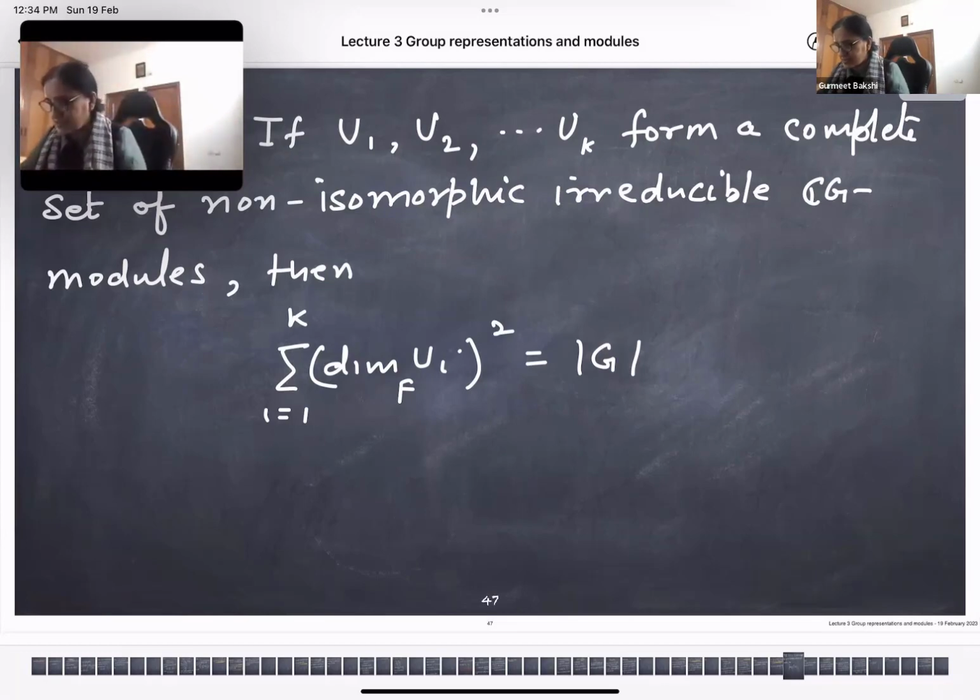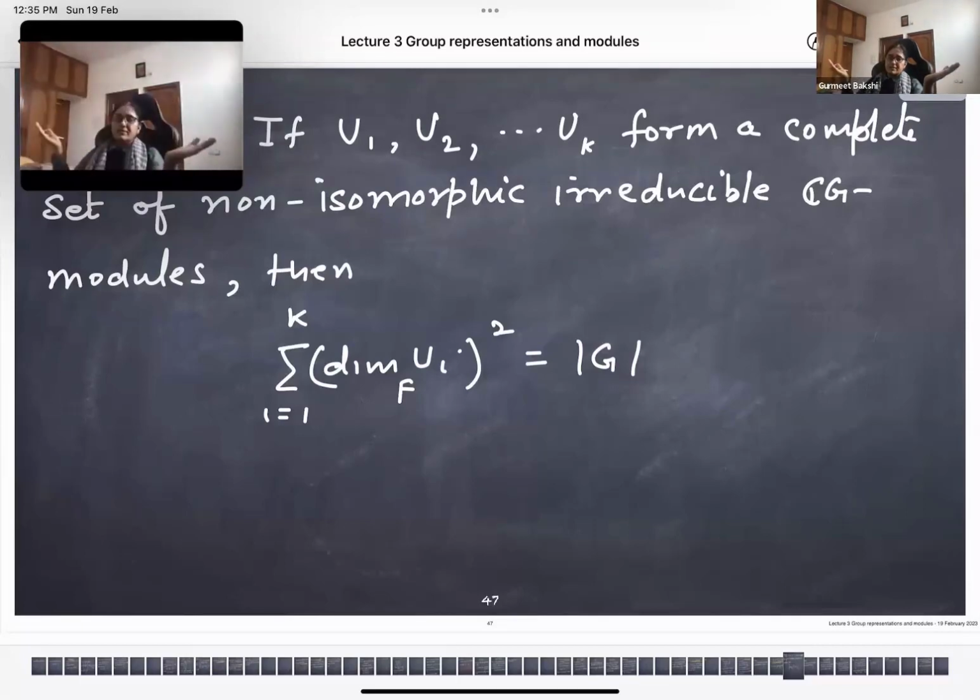So instead of conjugacy classes, you have the concept of F-conjugacy classes, rational conjugacy classes, real conjugacy, whatever field you are working with. But I am just working with complex numbers for the sake of simplicity. So one of the main basic results which you prove is this: how do you get irreducible representations?